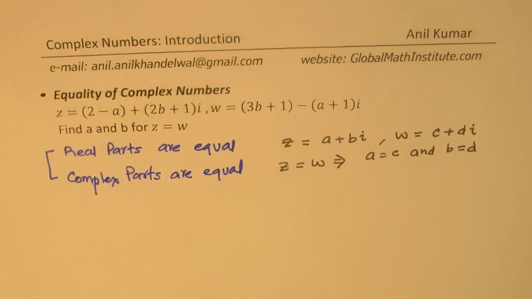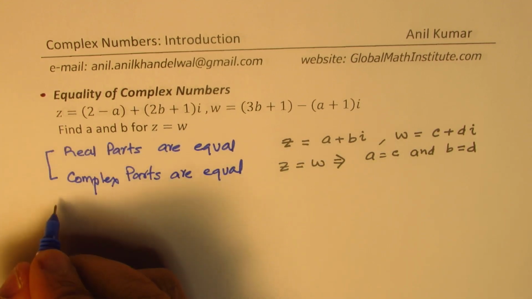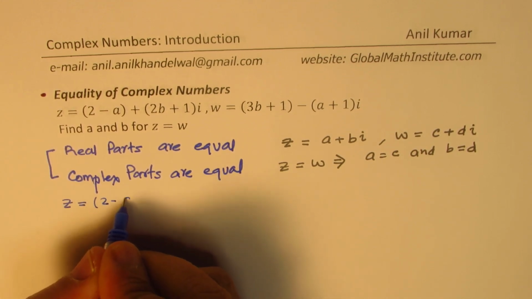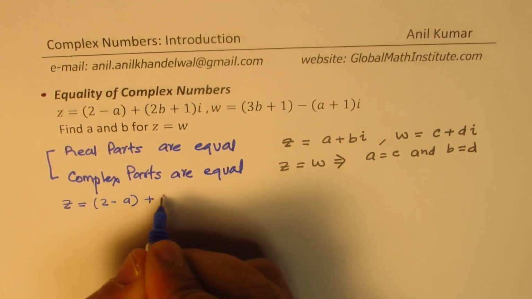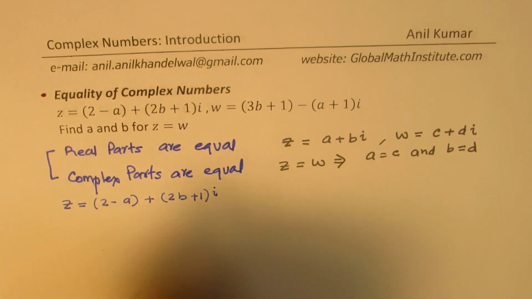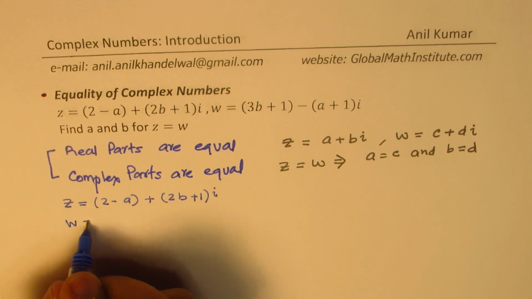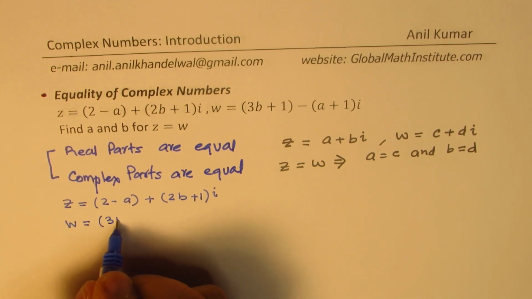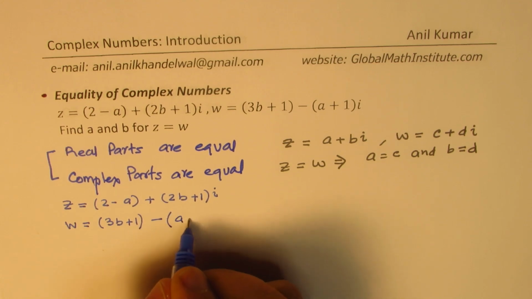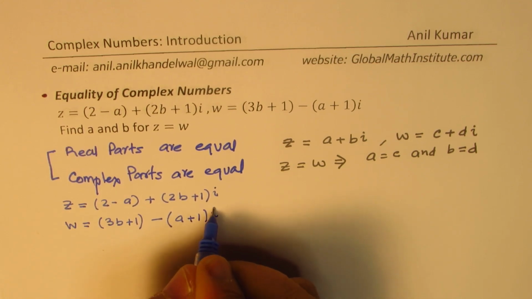And now what we have here is that z is equal to 2 minus a plus (2b plus 1)i, and we are given w as equal to (3b plus 1) minus (a plus 1)i.